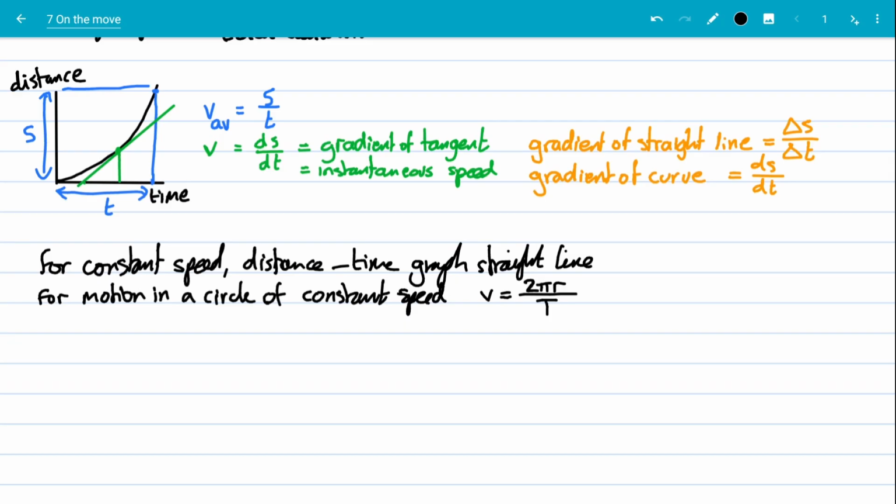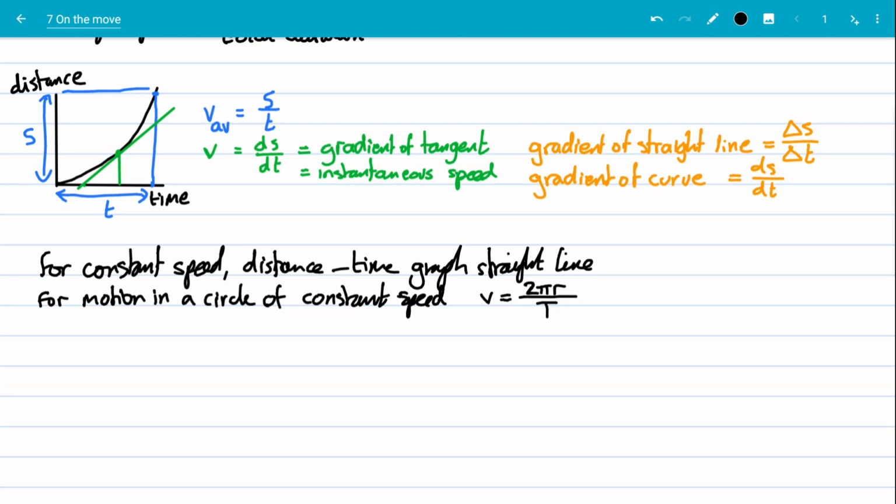And you remember from our wave equations that we've already studied, if you're watching these in the order that they're recorded, it might be in a different order, in which case, include this in your notes, but it's going to be useful for a later time, that 1 over T is equal to f, the frequency, and we end up with that equation there. So that's constant motion in a circle. And that is the instantaneous speed, but also it is the average speed, because they're the same thing if we've got constant speed.